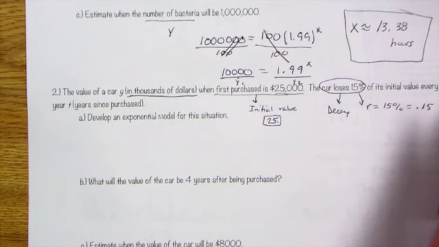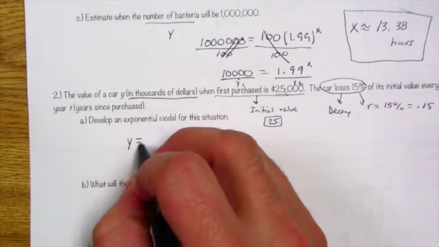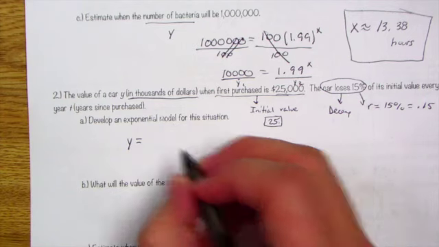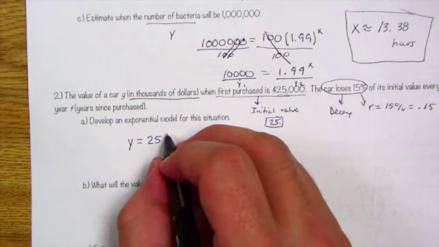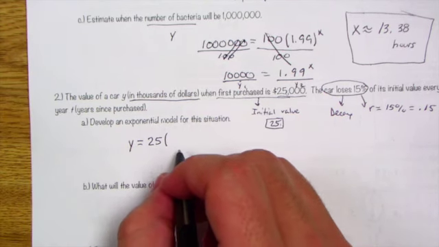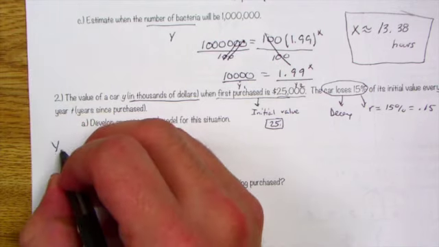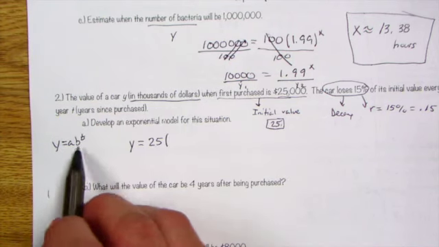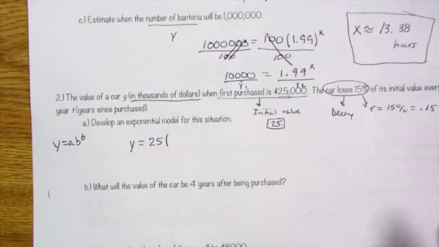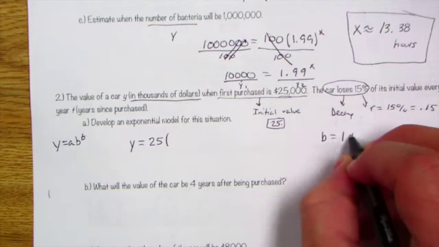Okay, so we're going to write our problem here. We have an initial value of 25, so y will equal 25, and then we have to put in b, which is our growth factor. Well, wait a minute. We don't have b. We need y equals a b to the t. Now we have a, our initial value, but we don't have b. Well, the good thing is we have an equation for b. b equals 1 plus or minus r.